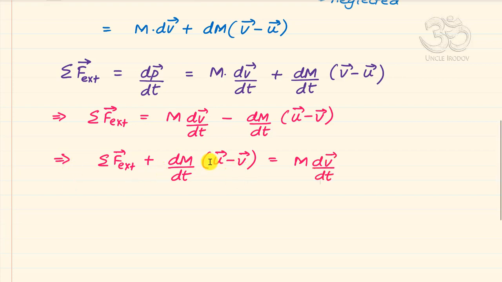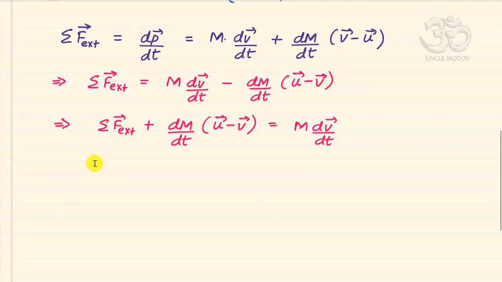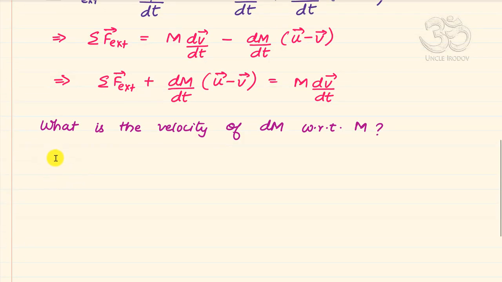And then I see that this term u minus v has got a special significance. Suppose I go back to the previous figure. I go back to this figure and I ask you, what is the velocity of dm with respect to m? And I can figure out the answer here.